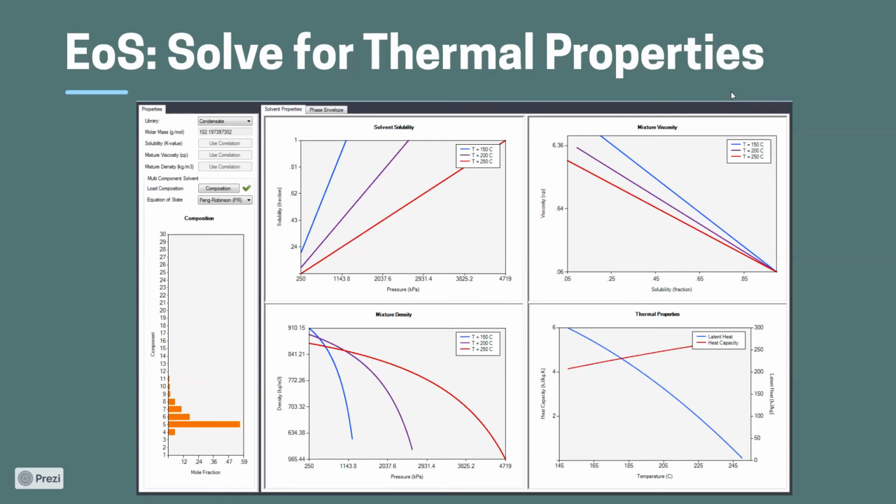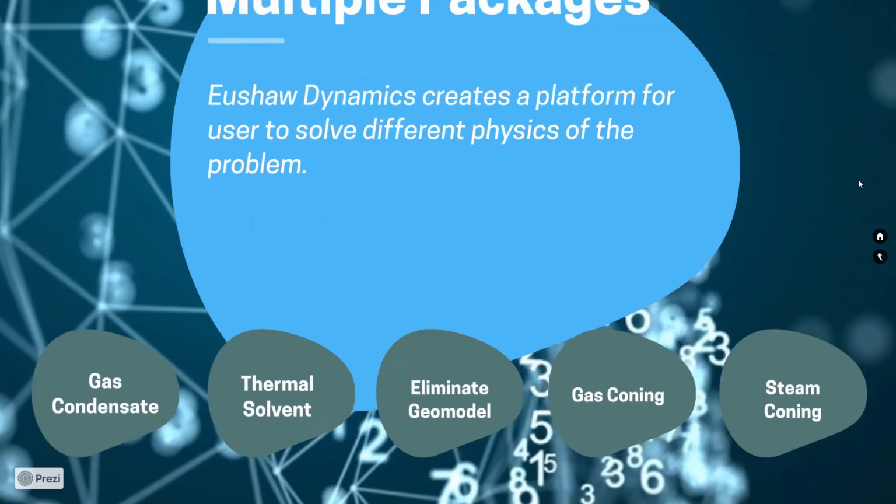So we combine all of those in one, and we also created a library that users can just use without being really familiar with what, for example, butane is in composition or in thermodynamics. So you can just use butane, and for multi-components like condensate, we also use the most representative composition for those materials.